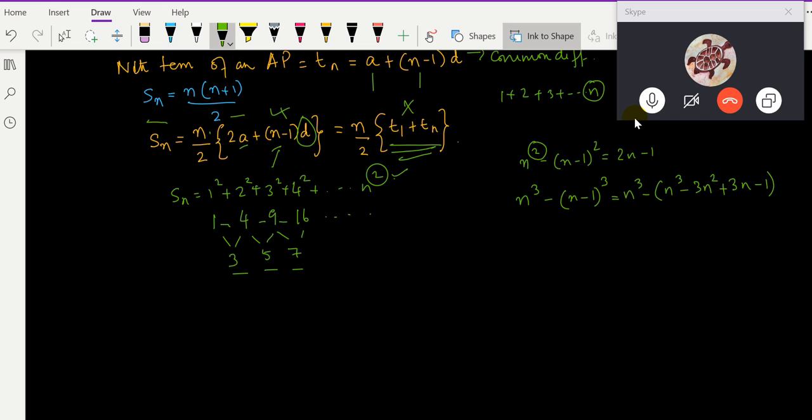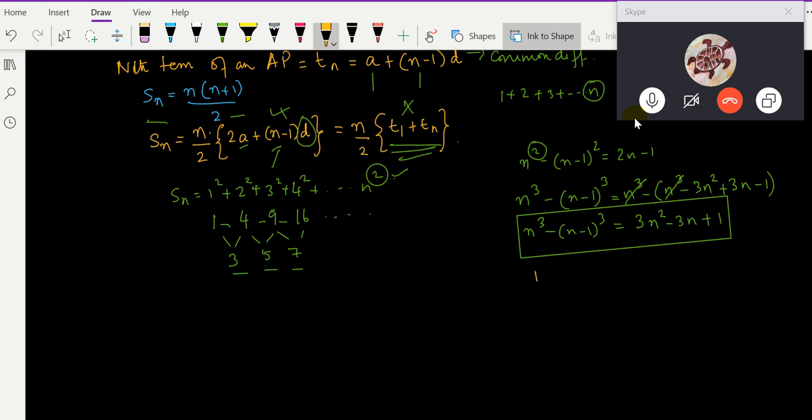So n cube and n cube will cancel. I will get 3n square minus 3n plus 1, which equals n cube minus (n minus 1) whole cube.